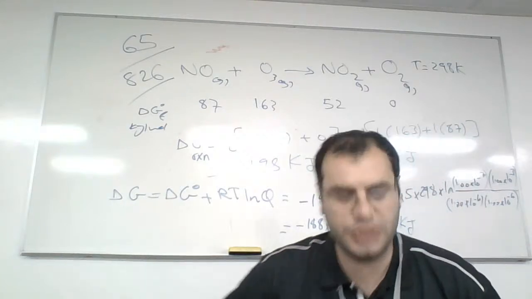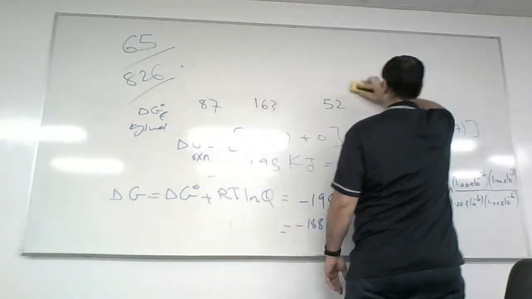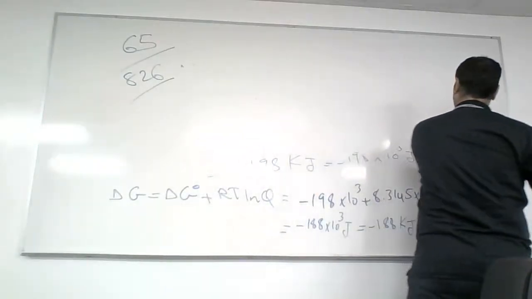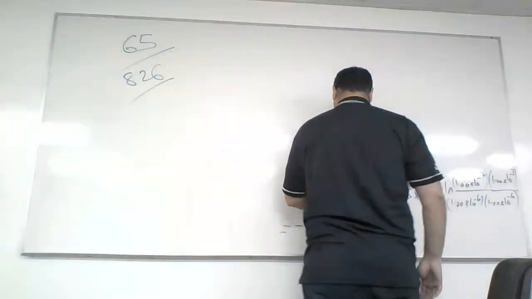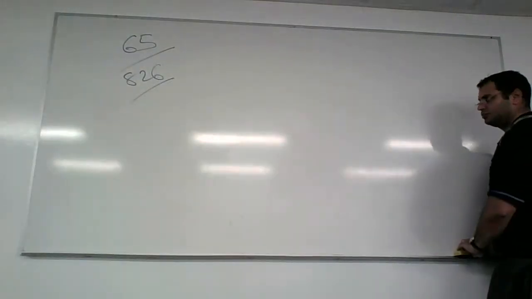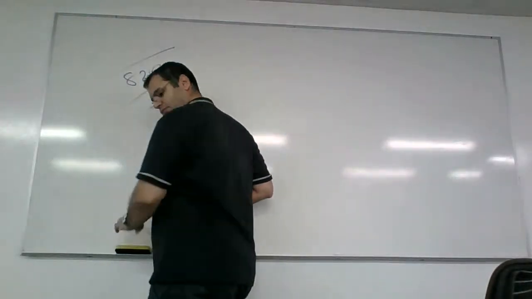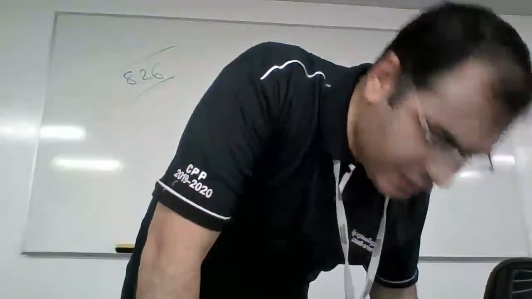So to do so, what you have to do first? Yeah, it's an equilibrium. Right, Ibrahim, 320 or 321.